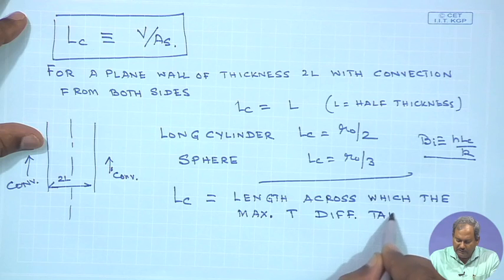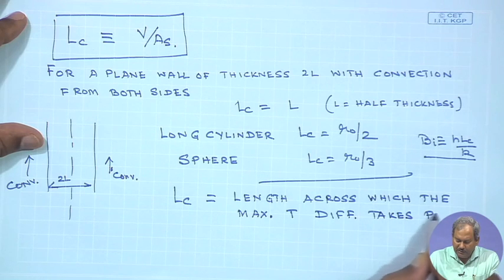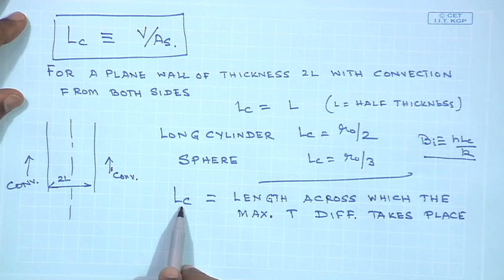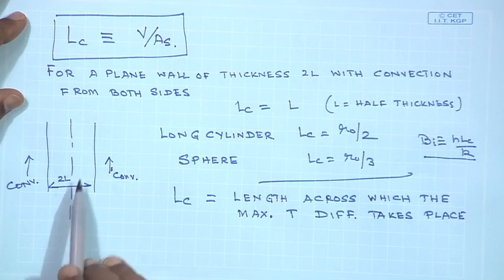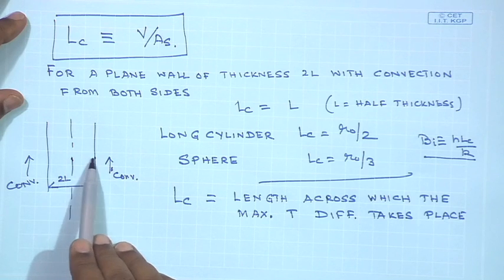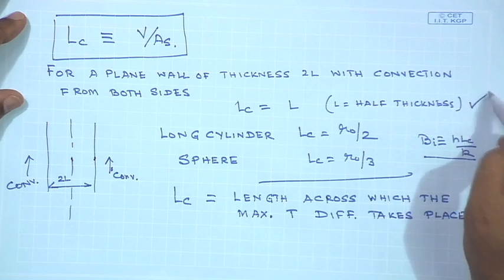So, this is a conservative estimate of what would be the characteristic length. Therefore, you can see the maximum temperature difference takes place over L, and therefore, this is correct.